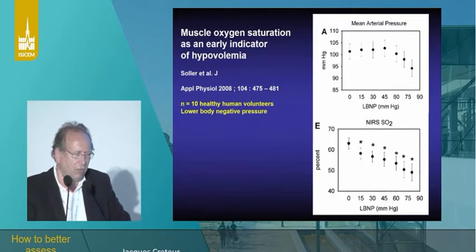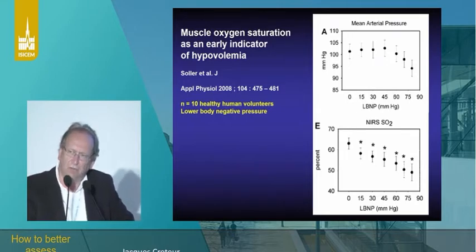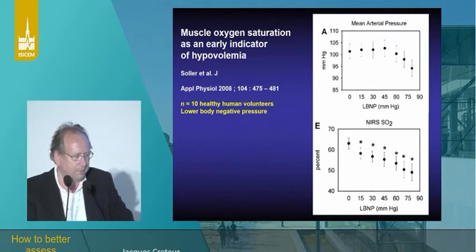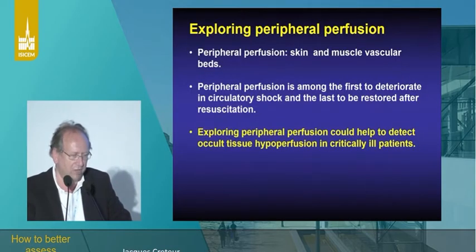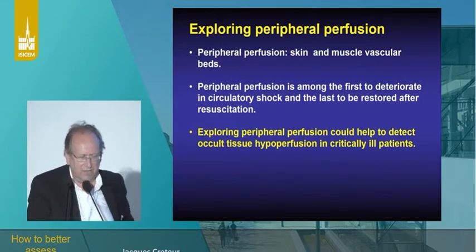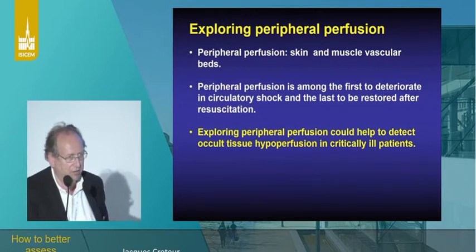You can do the same experiment in healthy volunteers using near-infrared spectroscopy technology, and you can see that the tissue oxygen saturation decreases well before any decrease in mean arterial pressure. So exploring peripheral perfusion could help the clinician to detect occult tissue hypoperfusion in critically ill patients.